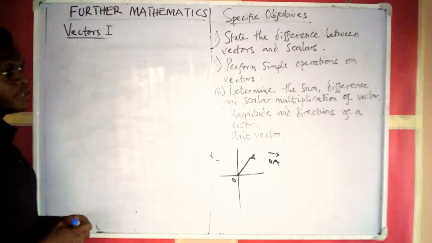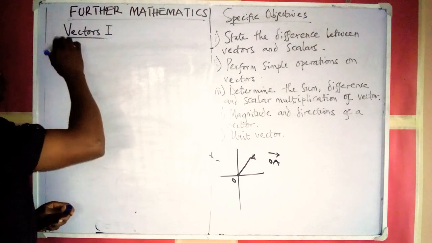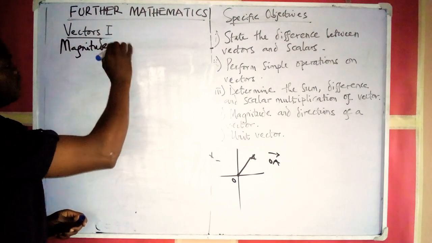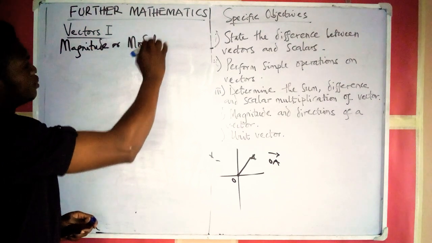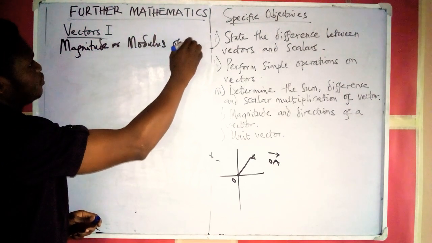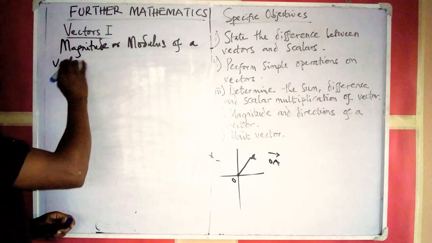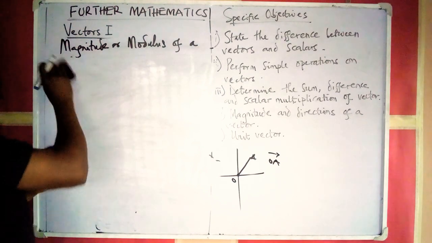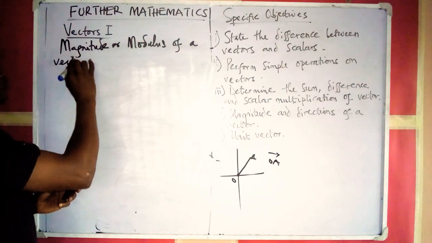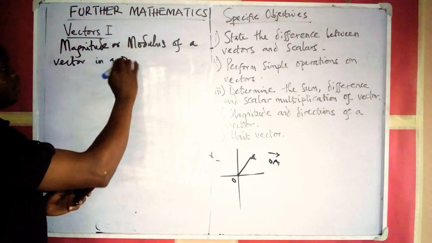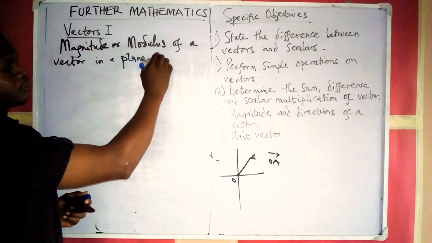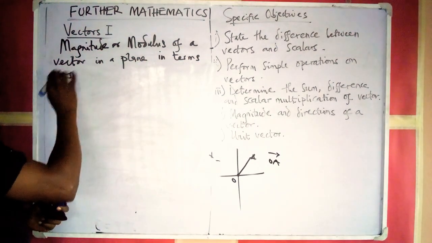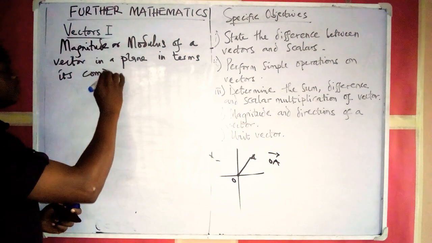Now, how do we express the modulus or magnitude of a vector in a plane, that is a two-dimensional vector, in terms of its components?